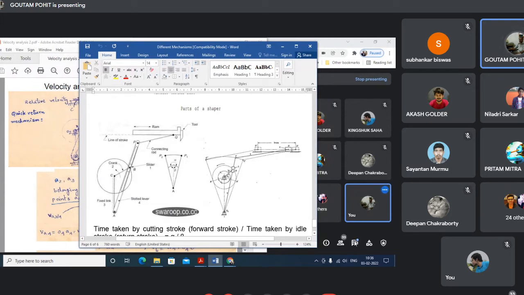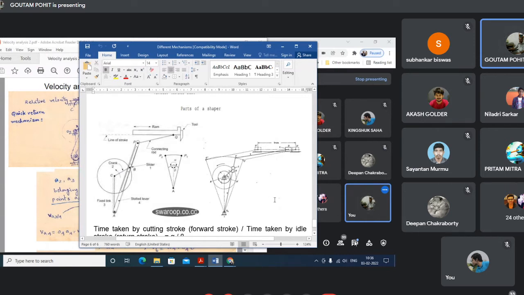But while coming back on the reverse side, it will cover this other angle. Now, you'll find that this angle is more than this angle.